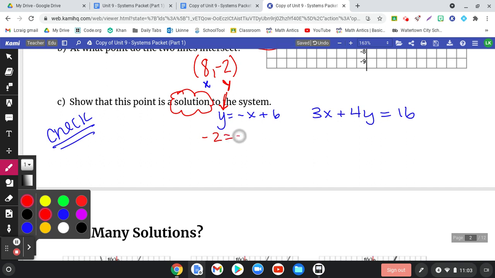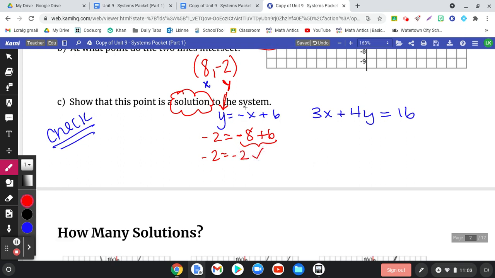Instead of -x, we're going to write -8 plus 6. Now this side's already simplified. If we get -2 over here, that means that we did it correctly. It's on the line. -8 plus 6 is -2. All right. If the point doesn't check in one of the equations, it's not a solution. So maybe you could have added wrong or subtracted wrong when solving. So it's always important to check.